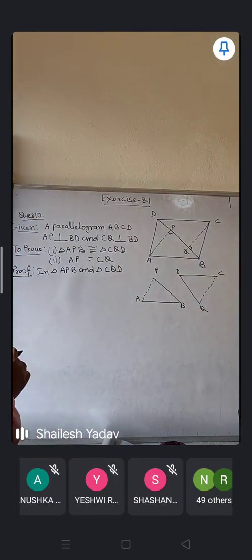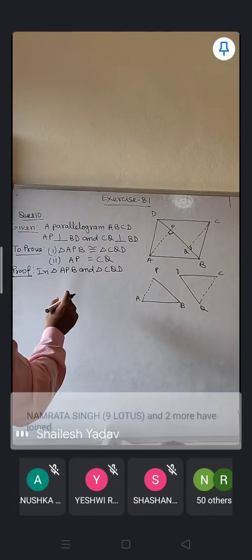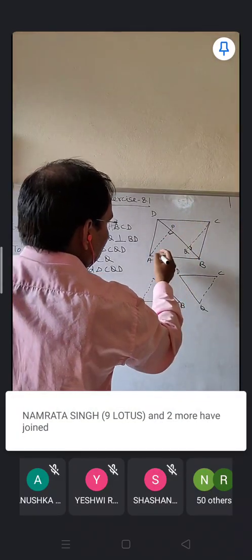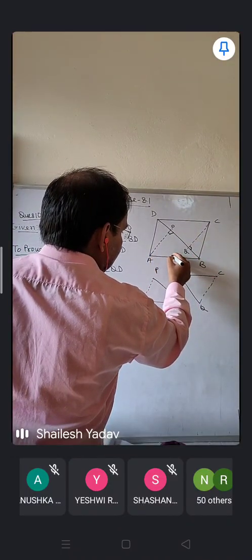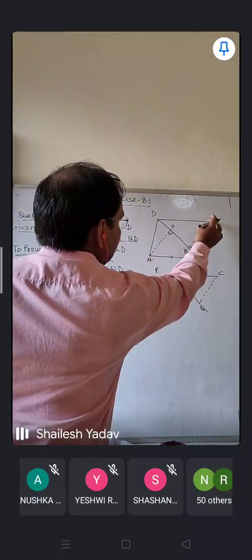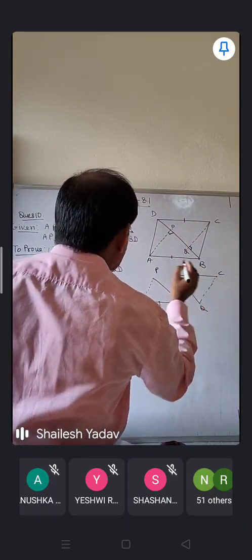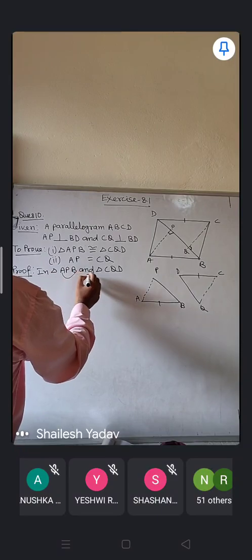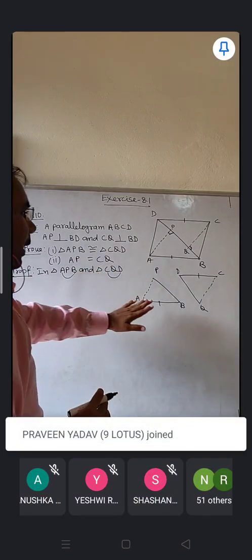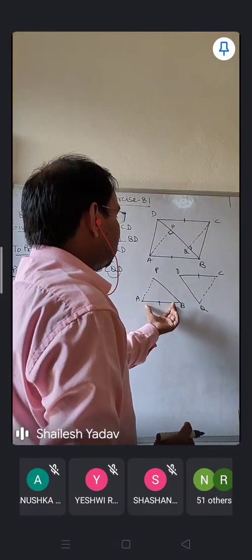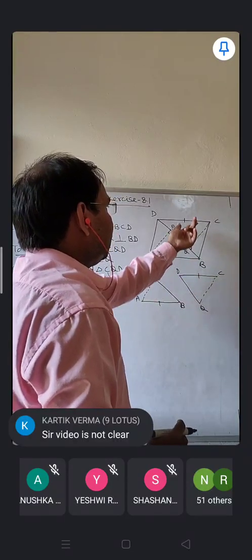Now here I need to show three values equal. So first I am going to start, in this triangle I am going to get AB, and in this triangle I am going to get CD. So if I am going to say that AB and CD are equal, can anyone give me the reason why I am going to say AB and CD are equal? AB and CD?